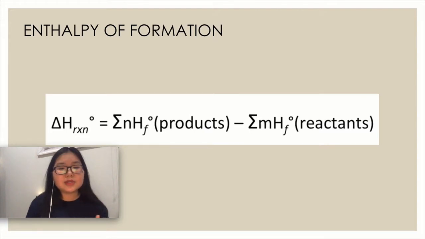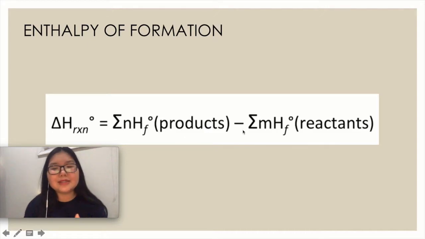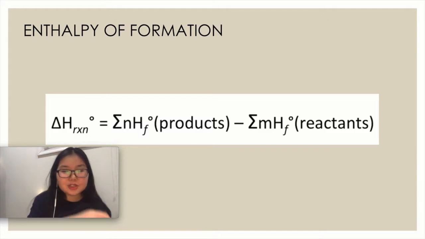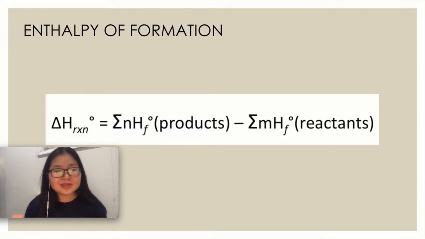So we will use the number of moles of the products times the enthalpy of the products, and minus the moles times the enthalpy of the reactants. So we will see the change, how much the products change from the reactants. So the overview is that much, so you don't need to go deeply through this part.